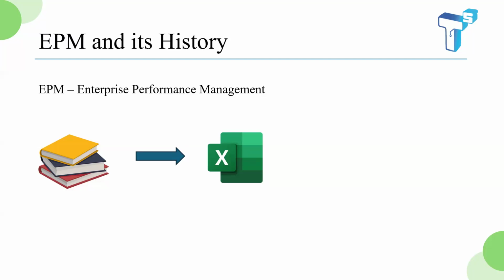Then what we got is Oracle EPM Cloud. Previously, software developed a lot over the past 7, 8 years, but the Oracle EPM application is nothing but the advanced version of recording transactions.